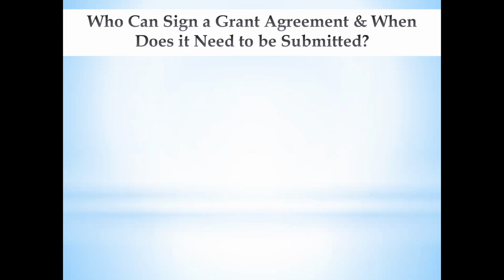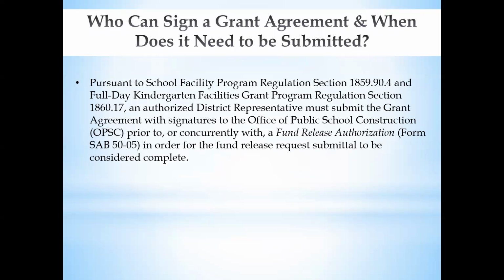We've been asked who can sign a grant agreement and when it needs to be submitted. Pursuant to the School Facility Program Regulations, Section 1859.90.4, and the Full-Day Kindergarten Facility Program Regulations, Section 1860.17, an authorized district representative must submit the grant agreement with signatures to the Office of Public School Construction prior to or concurrently with the fund release.